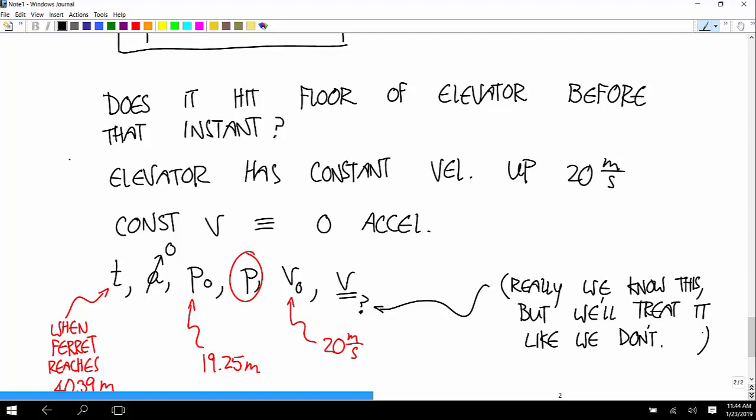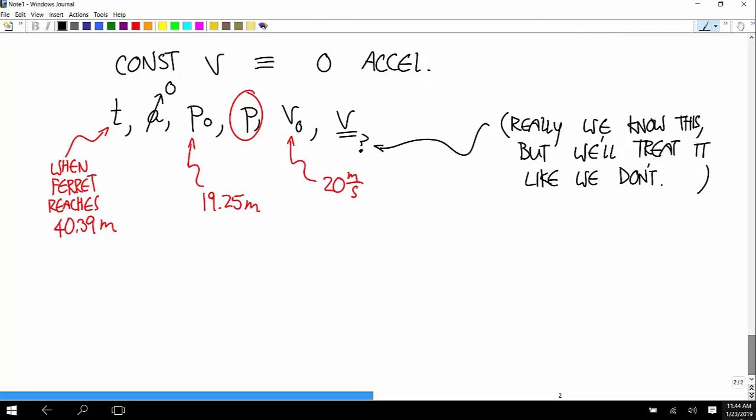Okay, so is there an equation that works? So here are our choices. We have one that says V is equal to V0 plus AT. We have one that says P is equal to P0 plus V0T plus 1/2 AT squared.